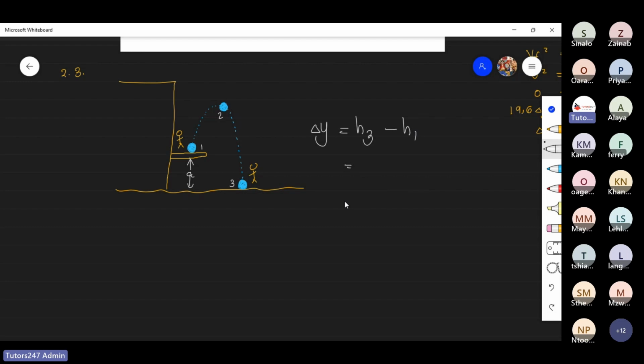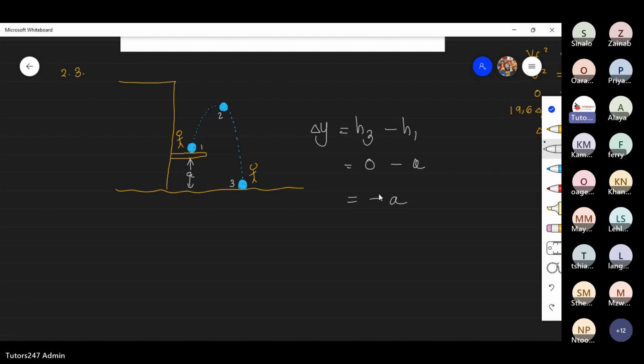Now, our height above the ground at 0.3 is 0, minus our height above the ground at 0.1, which is A. When you calculate that, you end up with negative A. So once again, it doesn't matter what you use to associate those values. In the end, you can clearly see that when you calculate the displacement of this object, you are technically calculating the height above the ground of the balcony.